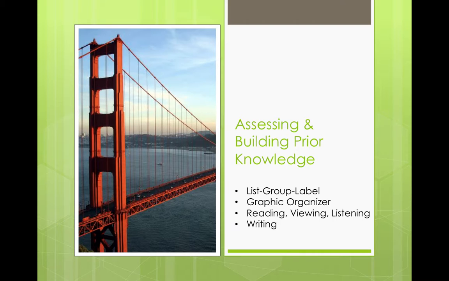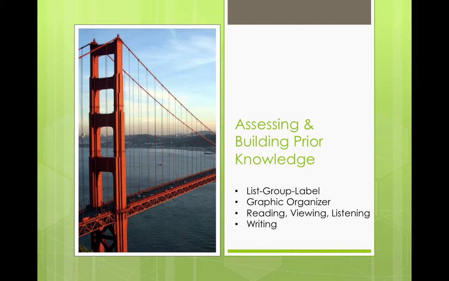Now, prior knowledge can also be connected to how we assess. To help us understand what our students have related to prior knowledge, we can assess it in a list of ways. There are four ways listed here. List-group-label can be used to review information at the end of a chapter, or in brainstorming activities that go well when students have shared a set of experiences.